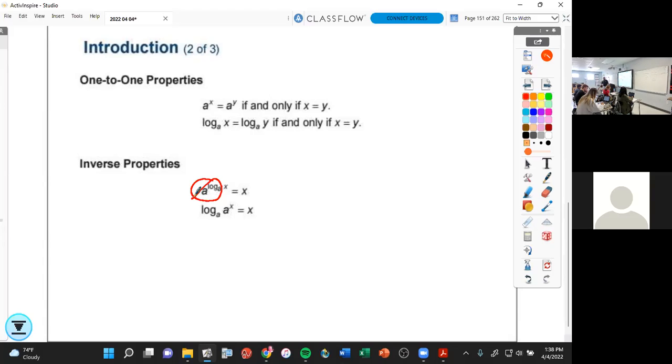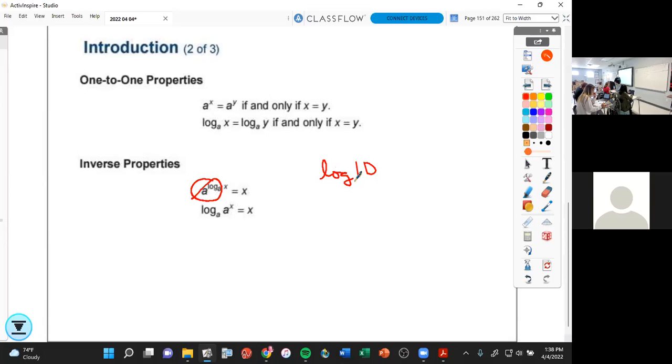Second question. What is the value of log base a of a? 1. On your calculator, if you were to type log 10 and press enter, what's it tell you? It's 1. Why is it 1? What's the base for log 10?